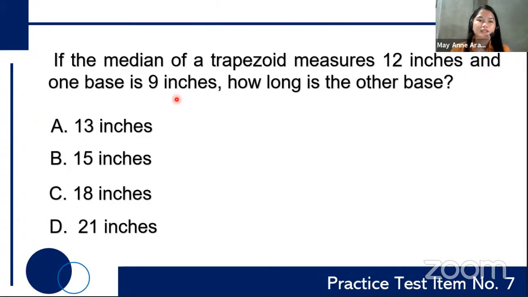Here, to solve this, the median is just the average of the lengths of the two bases. Yung median yung nasa gitna na line. So, ang gagawin niyo lang dyan, ano yung other length of the base na dapat, pag ini-add nyo yun sa 9, their average is 12? What's that number?